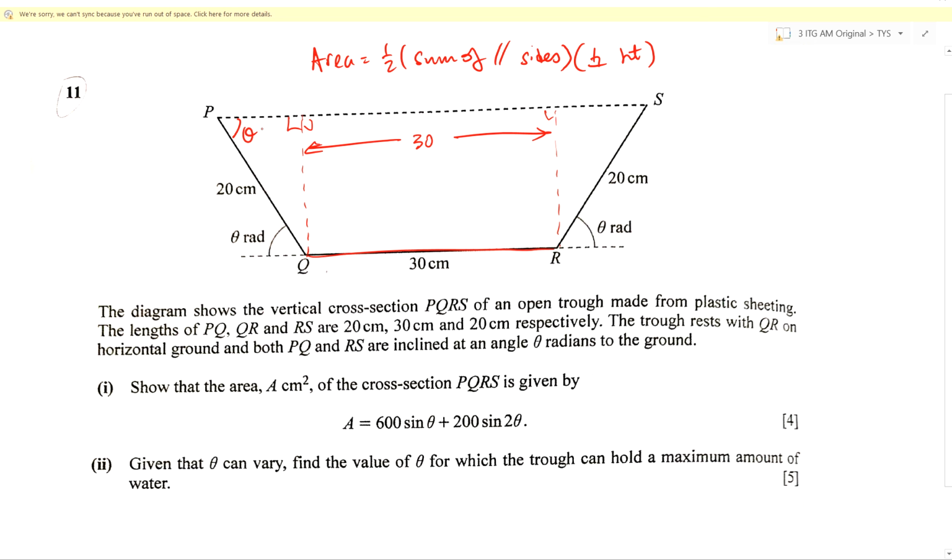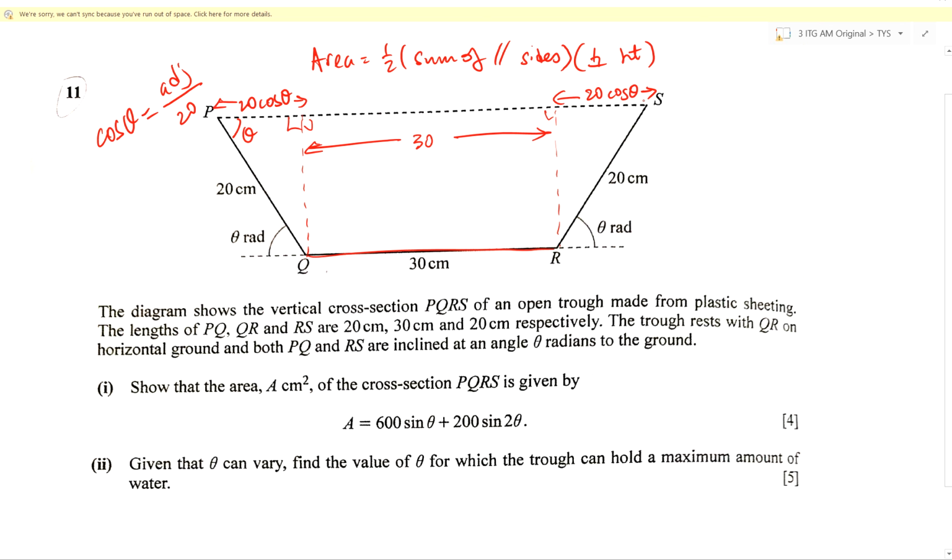Hypotenuse, angle, I need adjacent. So Kevin rightly pointed out, cosine theta is adjacent over 20. So this adjacent that I'm looking for will be 20 cosine theta. And this is 30. By symmetry, this is also 20 cosine theta. I can do my first part, sum of parallel lines.